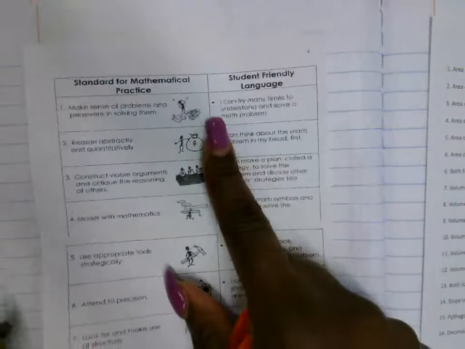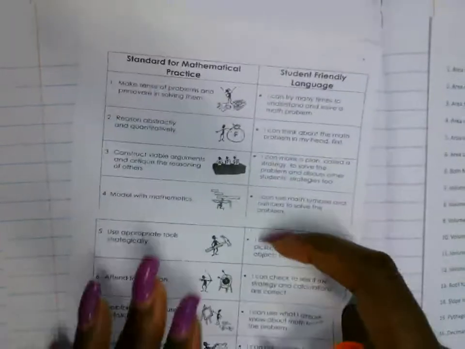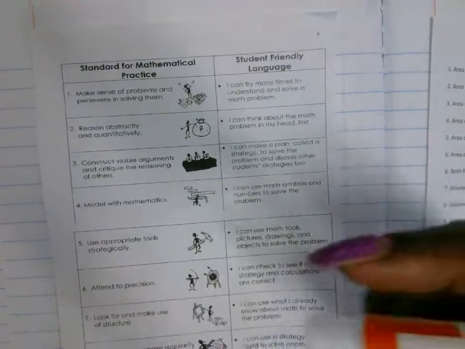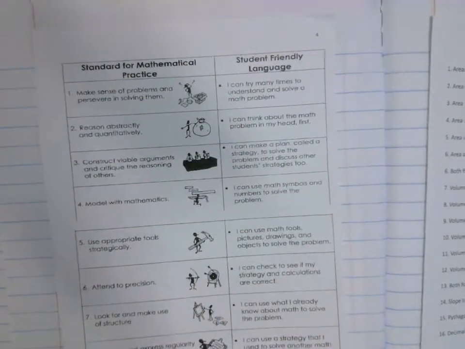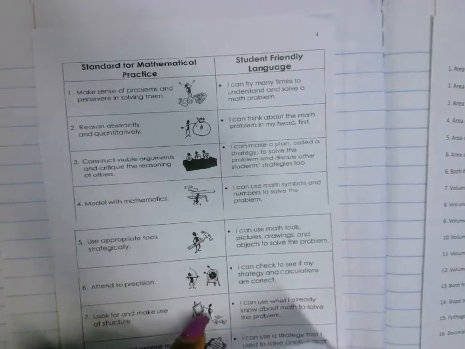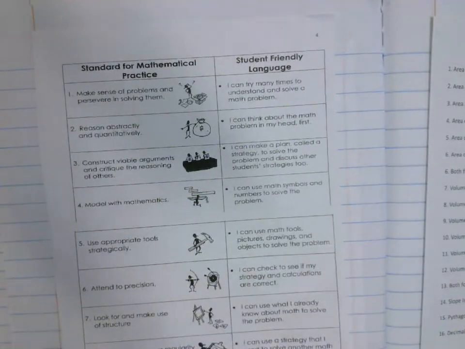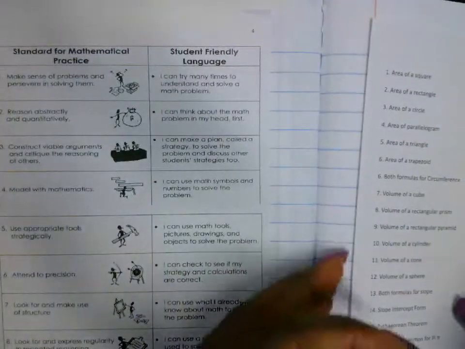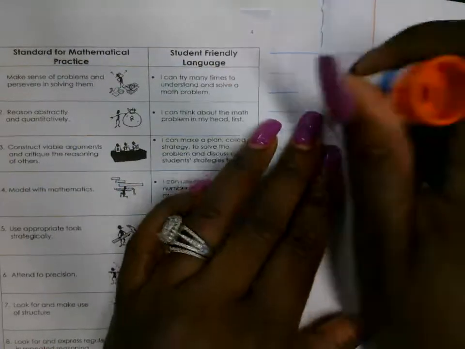Next page. Mathematical practices. These are different strategies that we use to solve math problems. That is page 4. Those are just some suggestions, okay? When we get stuck, we have suggestions. Page 5. These are the formulas that you have to know by heart for your testing at the end of the year.